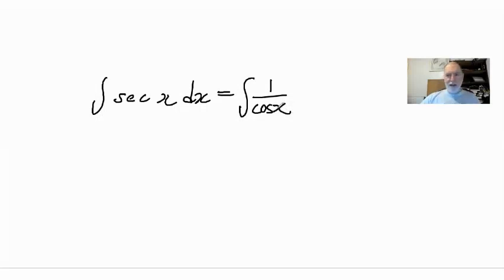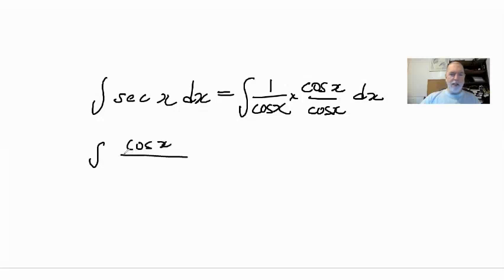Okay, now what are we going to do with that? Well, let's just multiply cosine x over cosine x, dx. And what does that give us? Now we've got cosine x over cosine squared x dx.